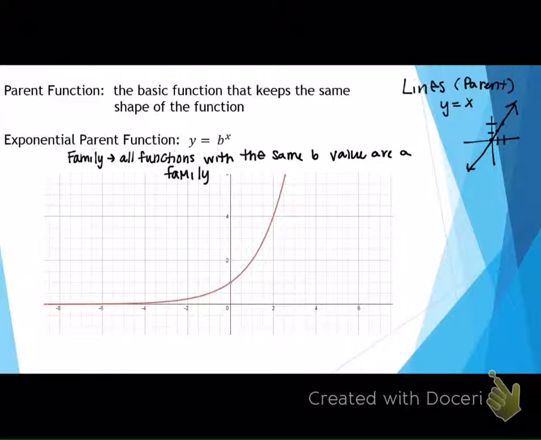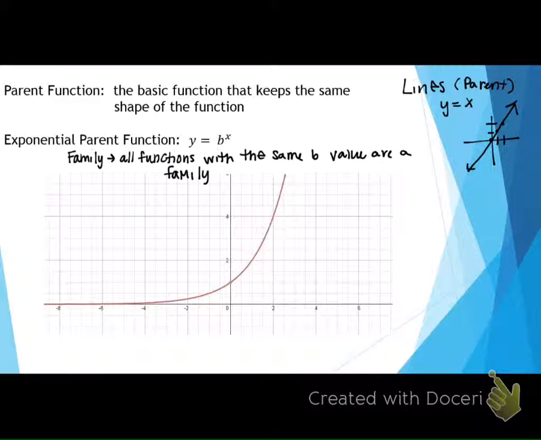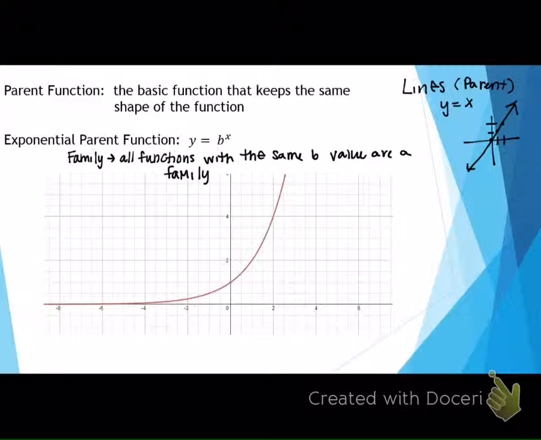But as you notice here, this line is never, ever, ever going to cross this graph, and this is what is known as your asymptote. We'll talk more about this throughout the lesson today. This is called an asymptote. So this is y equals 0 in this case.